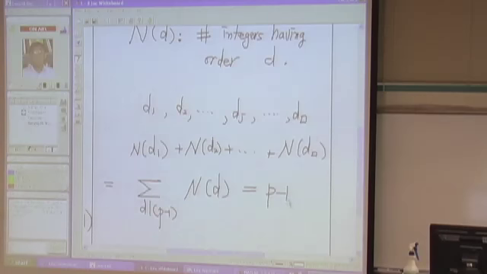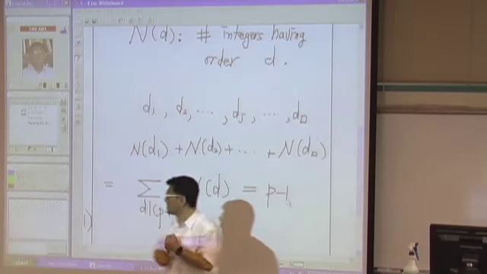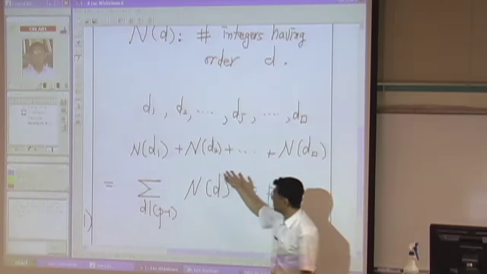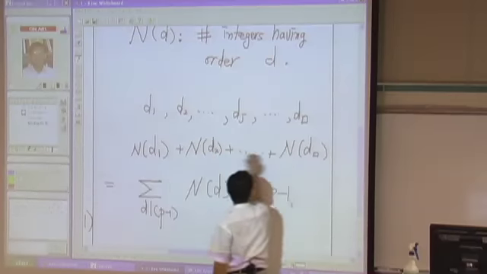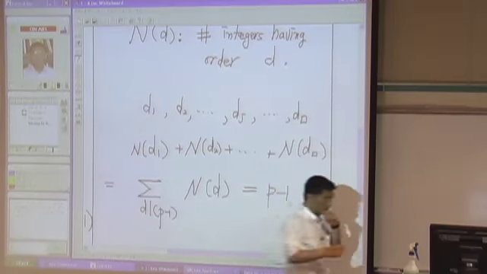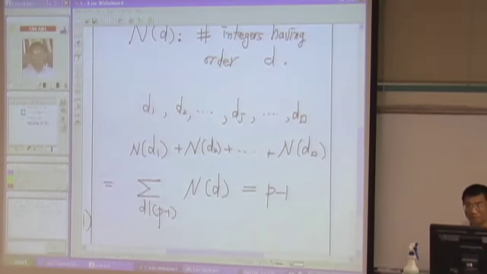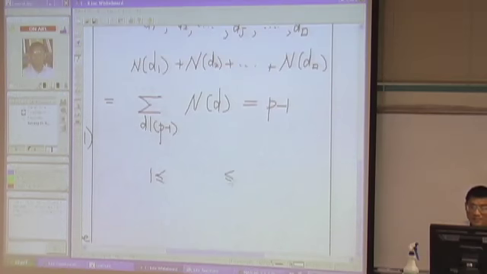So the same reasoning as before, but if you don't understand these things, ask me. So we are adding the number of integers having order D1, D2, and so on up to D something, right? As you can see, by the theorem that we proved before, every number between 1 and p minus 1 satisfies this by Fermat's Little theorem.